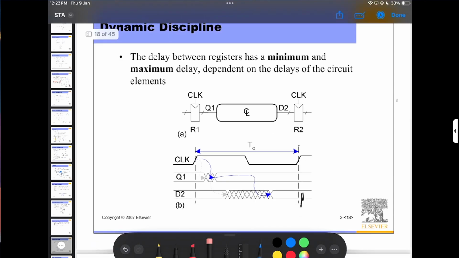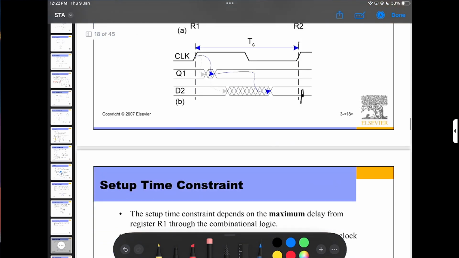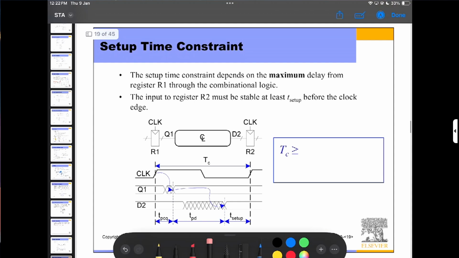The delay between registers has a minimum and maximum delay depending on the delays of the circuit elements. Setup time constraint.